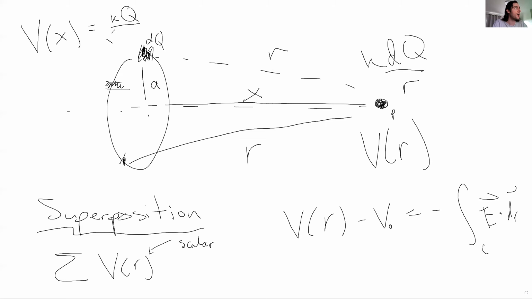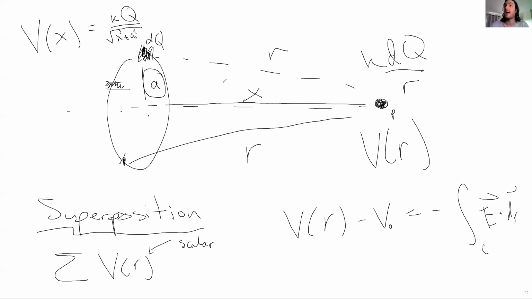It's kq over the square root of x squared plus a squared, where a is the radius of the ring. So it's a very simple expression there. It's basically just replace r with the square root of x squared plus a squared. It's really that simple.